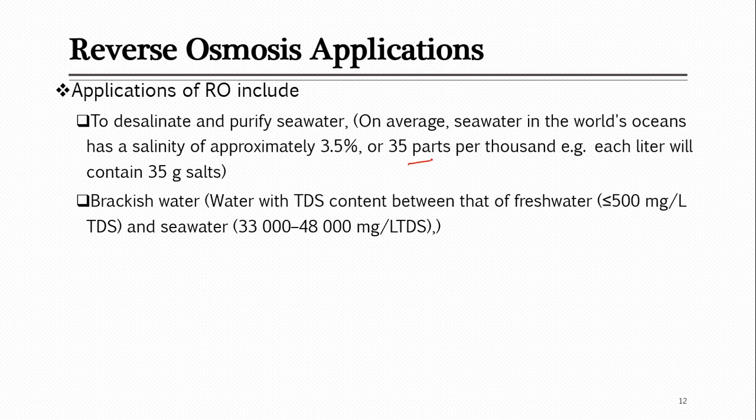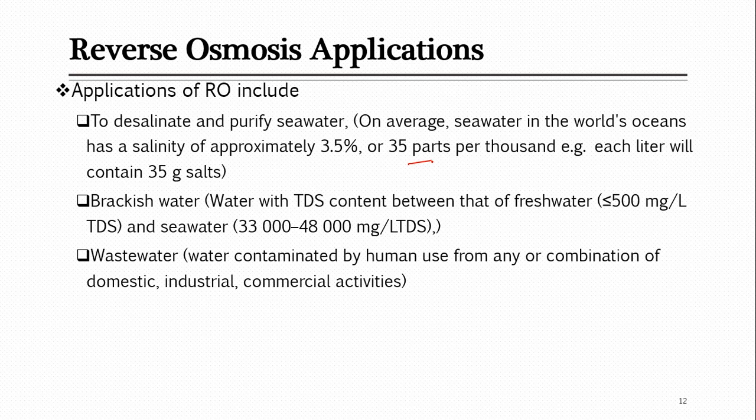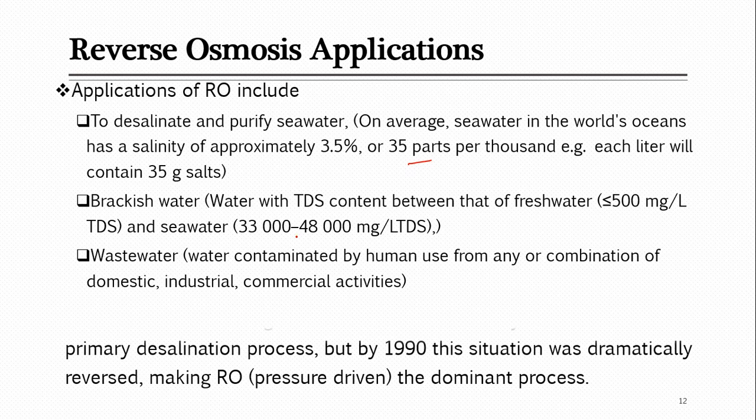Then there is brackish water, which has salinity between seawater and fresh water, and fresh water actually contains 500 ppm dissolved solids. And then there is wastewater. Wastewater is water contaminated with various pollutants due to human activities. Those include industrial, domestic, agricultural and commercial activities.